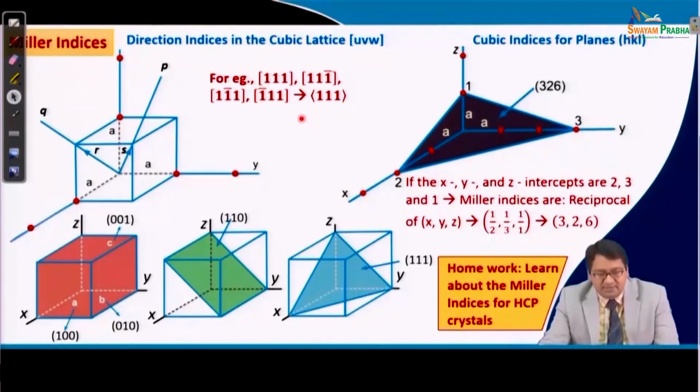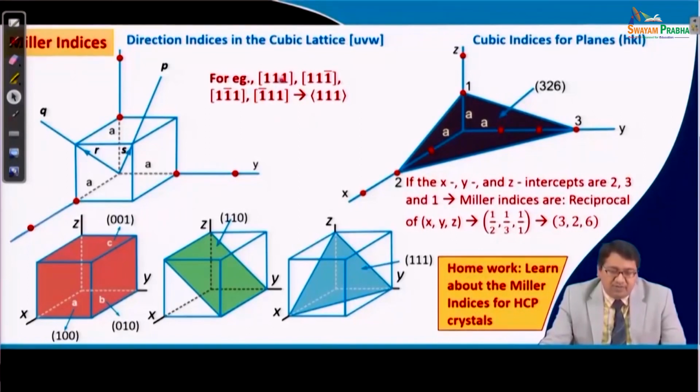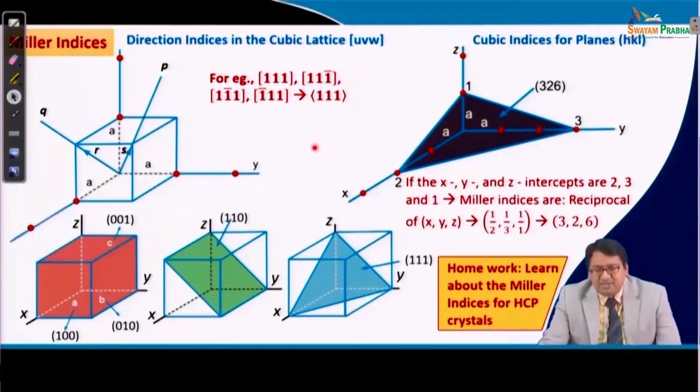On the other hand, from the family of directions and perpendicular to it, in case of the cubic unit cell, we can find out Miller indices of the plane, but it is better to find the Miller indices of the planes by using this method which is shown here.